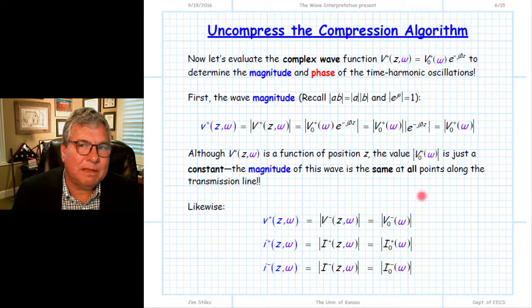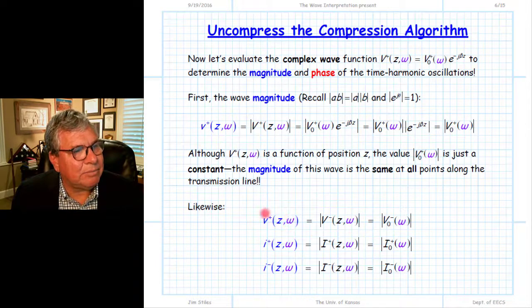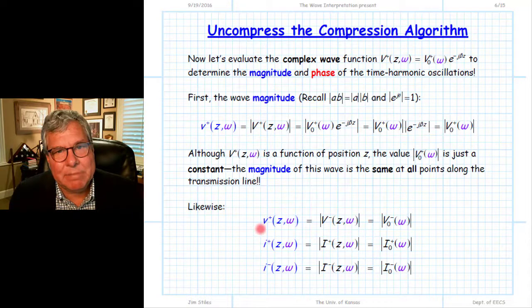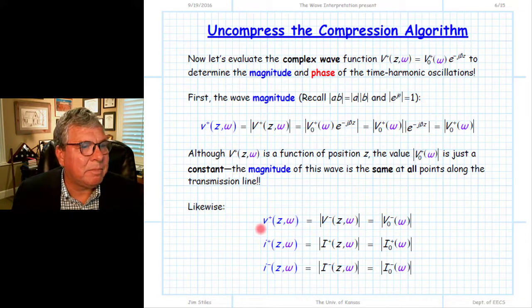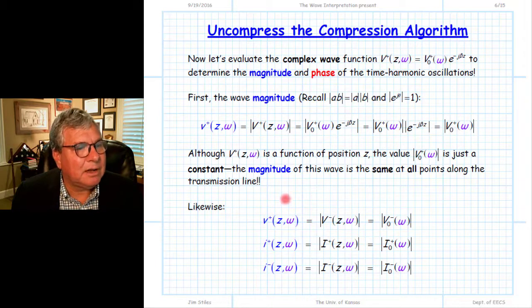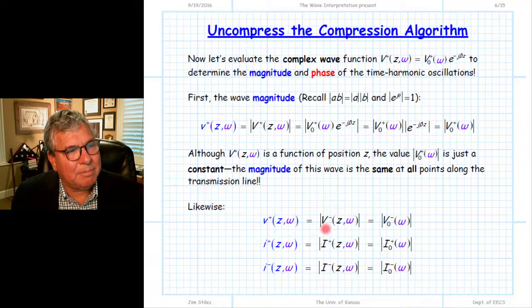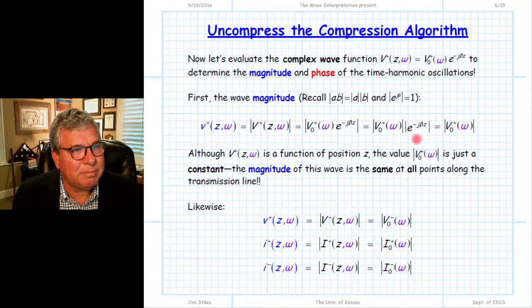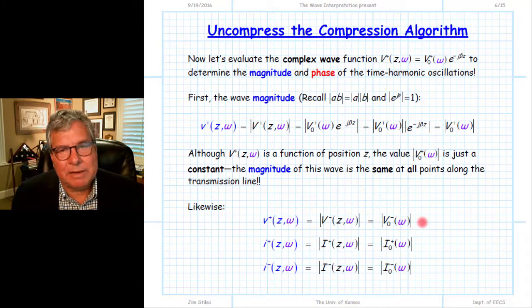If we do the same thing for the other currents and voltages, and here I have a typo that says V plus, that actually should be V minus there for the minus wave voltage. We get the minus wave voltage as a function of position by taking the magnitude of the complex minus wave function, and again, because of the same argument, the complex exponential magnitude equal to 1, it will simply be a constant.